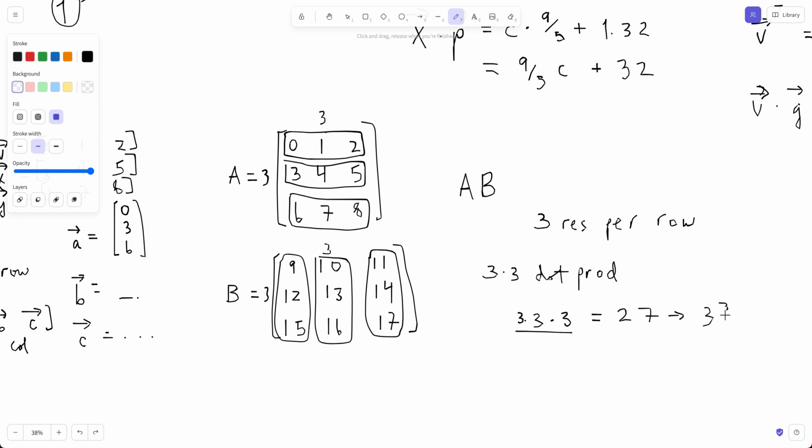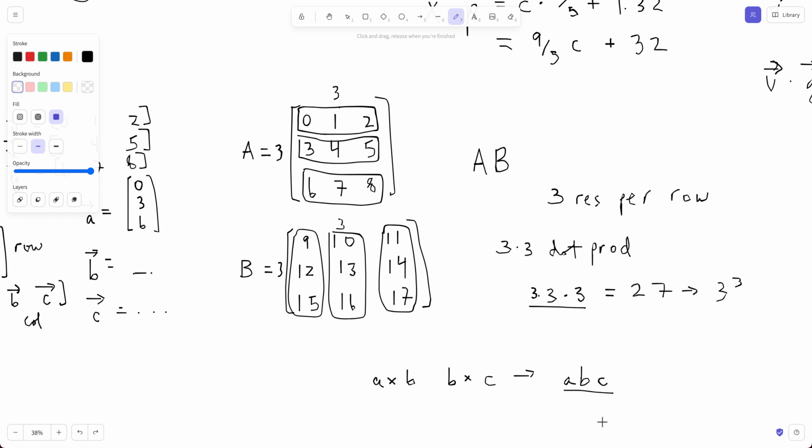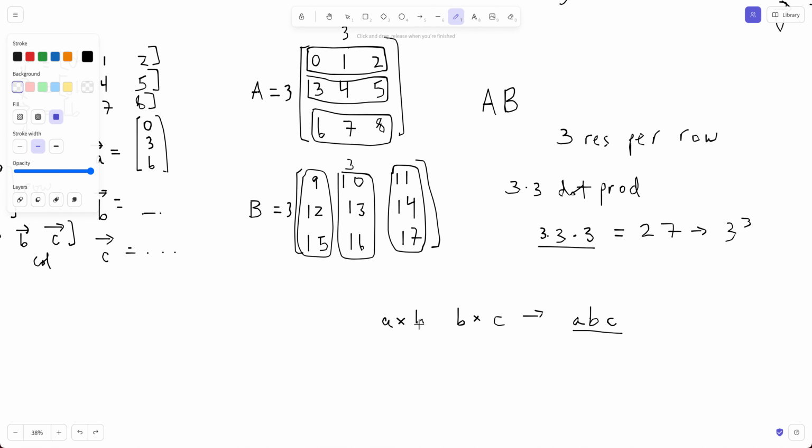And in general, if we have a matrix of shape A by B, and we have another matrix, B by C, we're going to have A times B times C different multiplications. And now you might have noticed this.